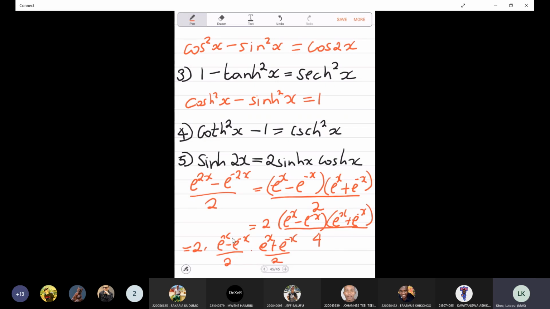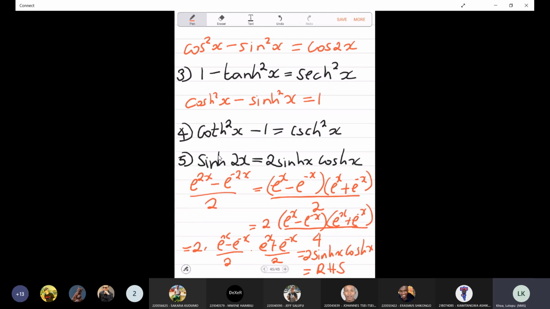When I multiply this 2 in, I get this fraction over here. This is sine hyperbolic. This one is cos hyperbolic. So this is 2 sine hyperbolic, cos hyperbolic, which is my right-hand side.